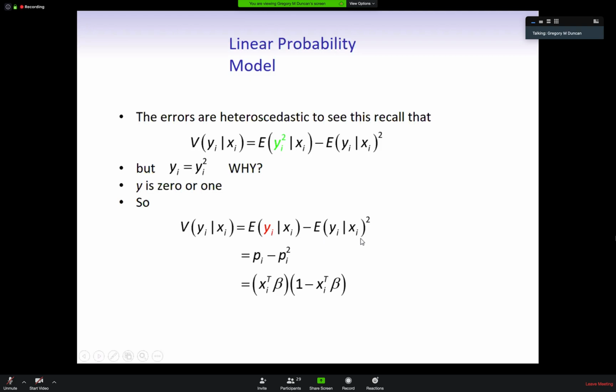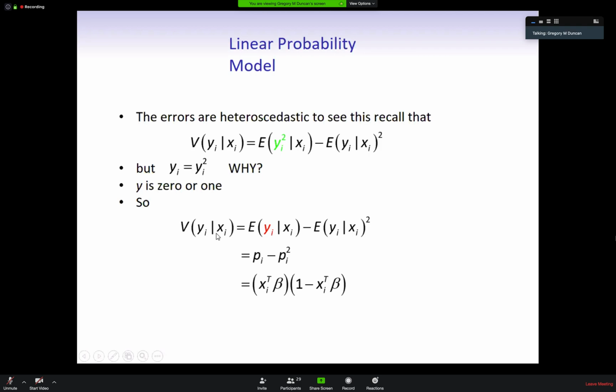We have the expected value of yi given xi, squared, that's pi squared, and given our model, this is xi transpose beta times 1 minus xi transpose beta. I just factored out the p. What that means is the variance is not constant.